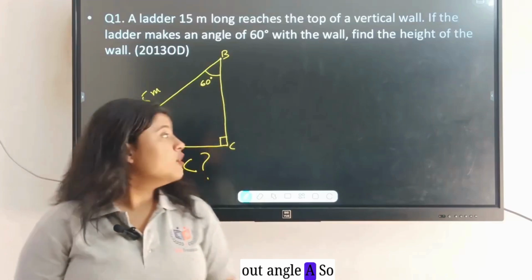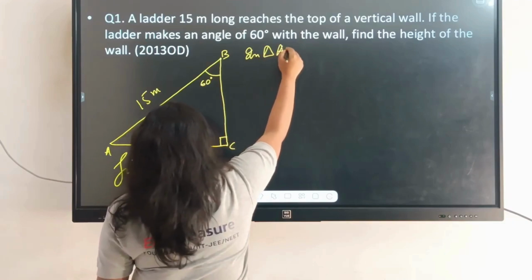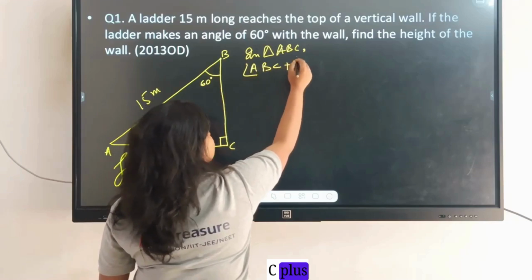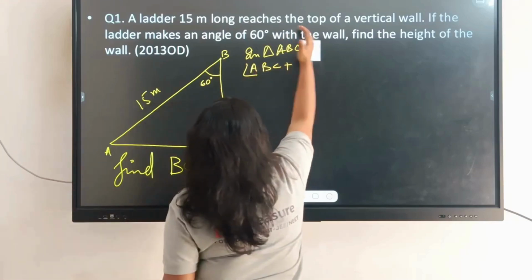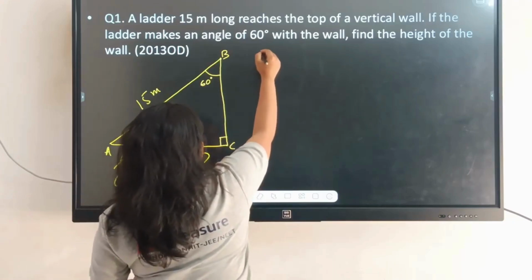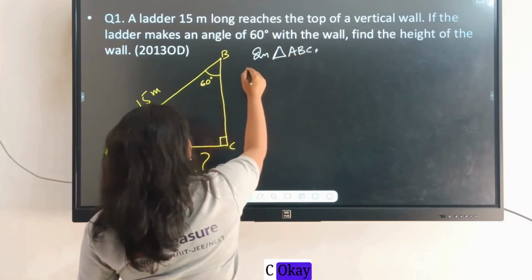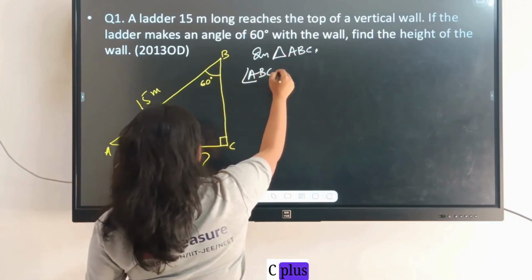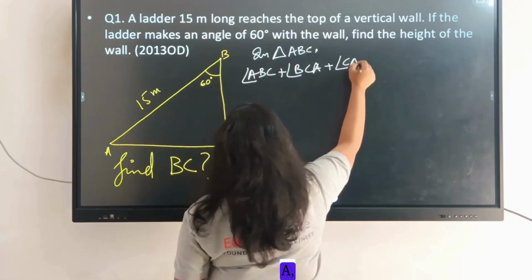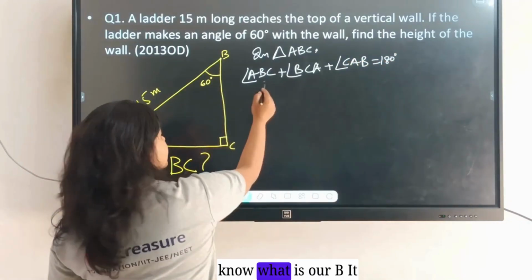So in triangle ABC, angle ABC plus angle BCA plus angle CAB is 180 degree.